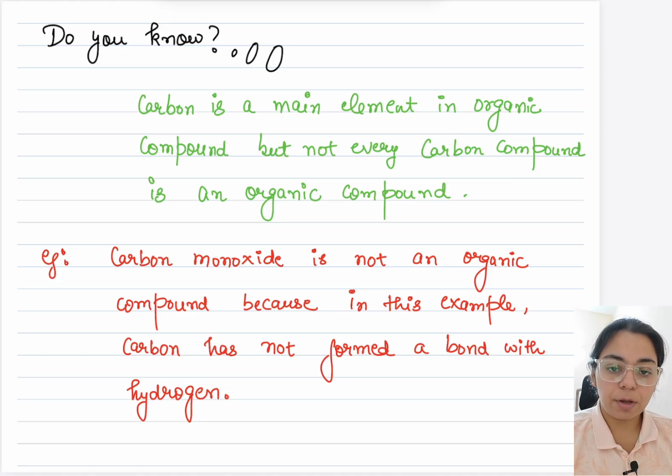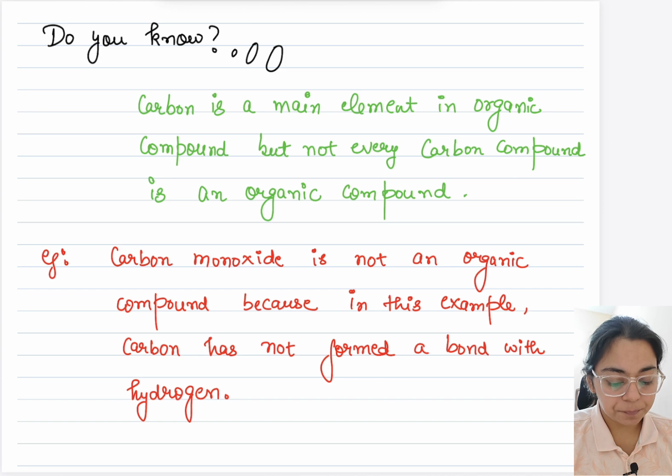If we talk about organic compounds, they will for sure have carbon, but if we say that any and every compound that has carbon is organic, then that's wrong. That's not the case. There are many compounds which have carbon, but still they are inorganic in nature.